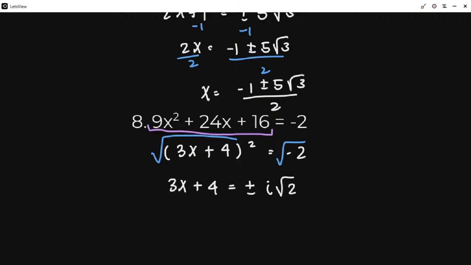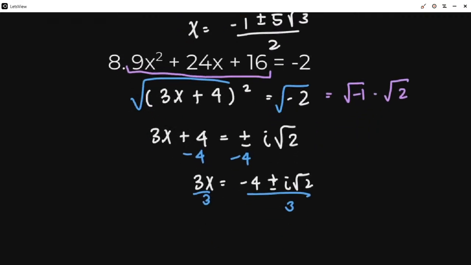So I rewrote this as i rad 2 because negative 2 we can rewrite as radical negative 1 times radical 2, and radical negative 1 is i. Okay, so then we're going to subtract 4. We get 3x equals negative 4 plus minus i rad 2. And then divide by 3. So then we get x equals negative 4 plus minus i rad 2 over 3.